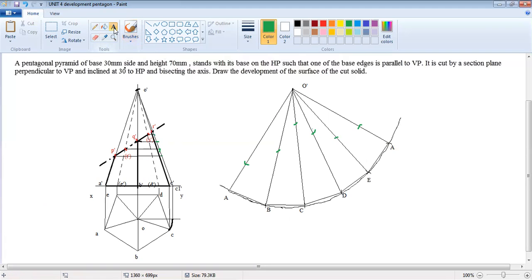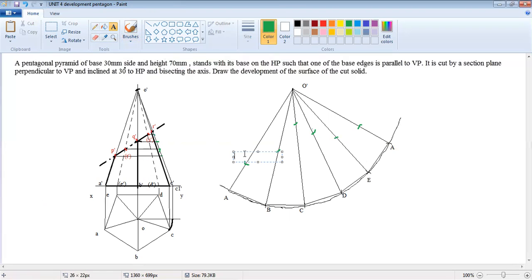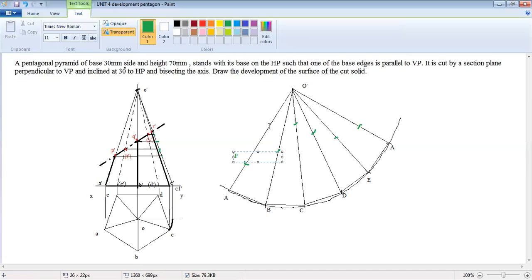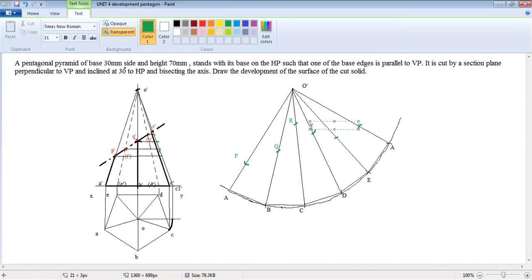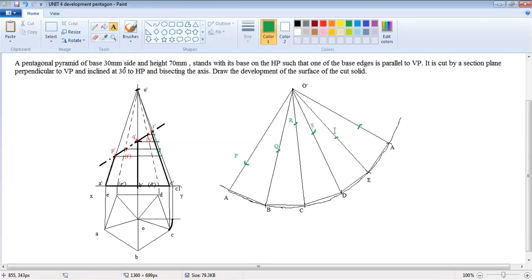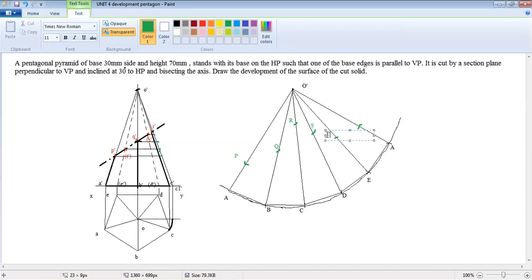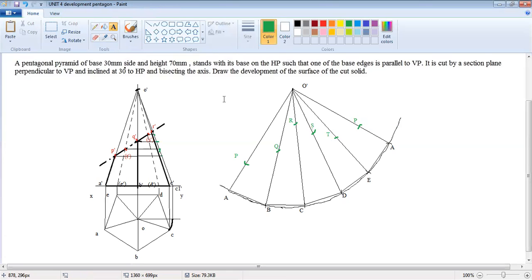So mark the points P, Q, R, S, T. And this is also a P point. Join this point by using scale.